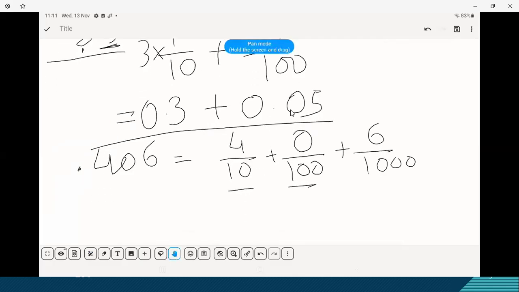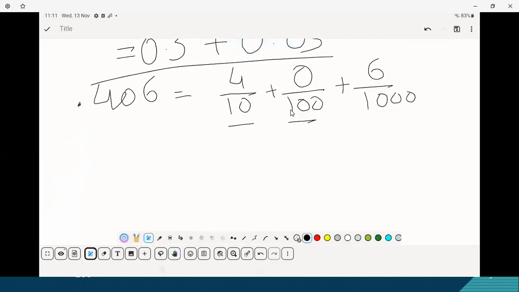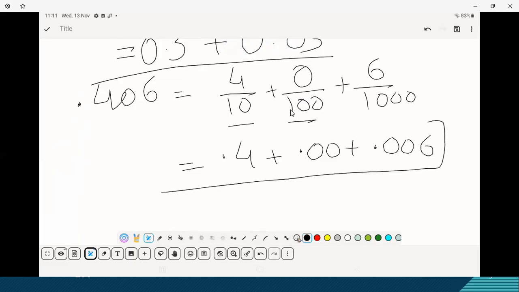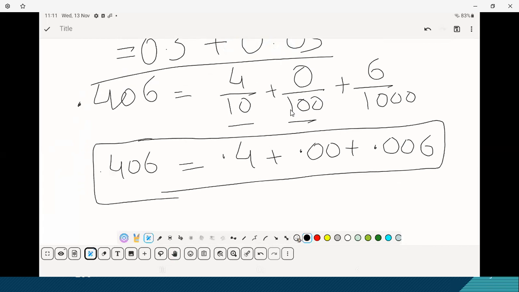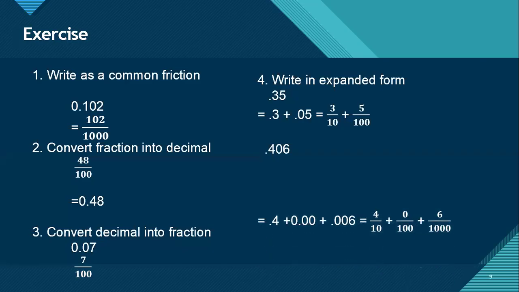So simply we'll write it as 0.4 plus 0.00 plus 0.006. This will be the expanded form of 0.406. So I hope it is clear, because we know the place value. Okay, so let's quickly move to the slide.